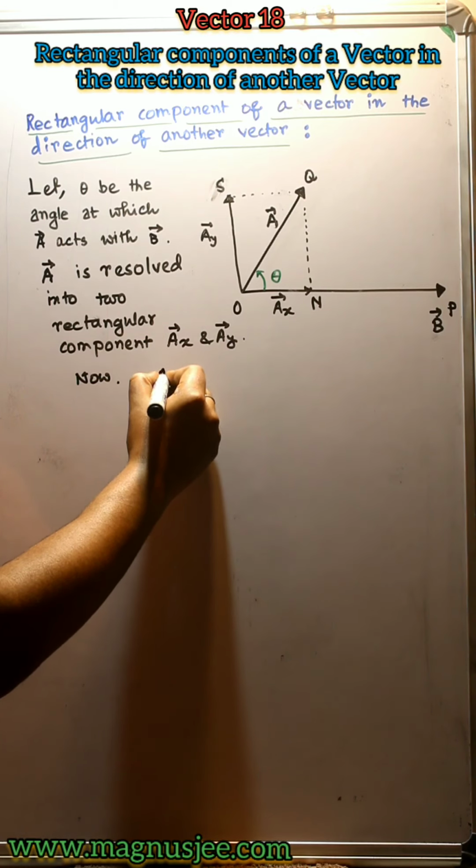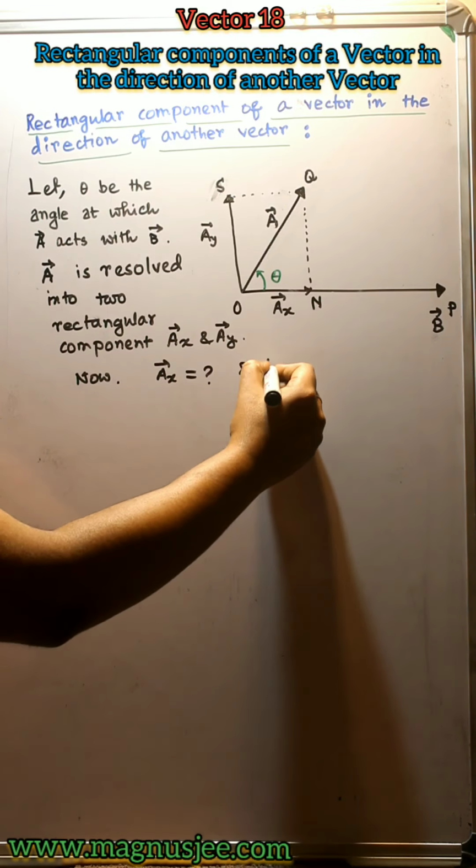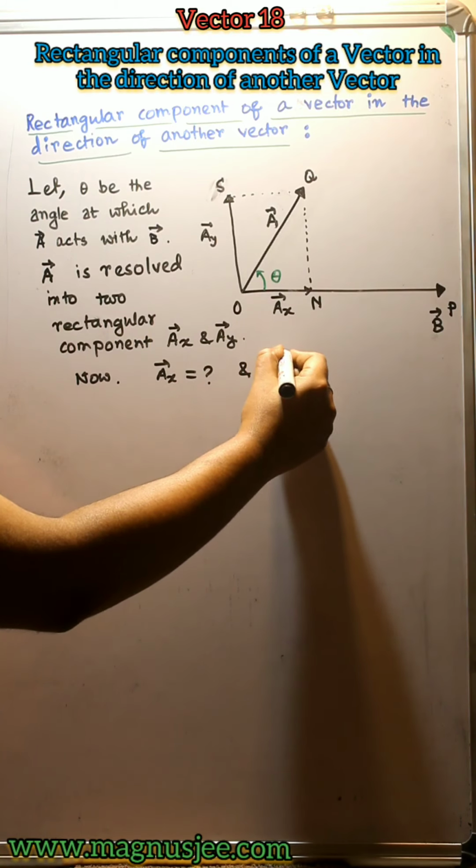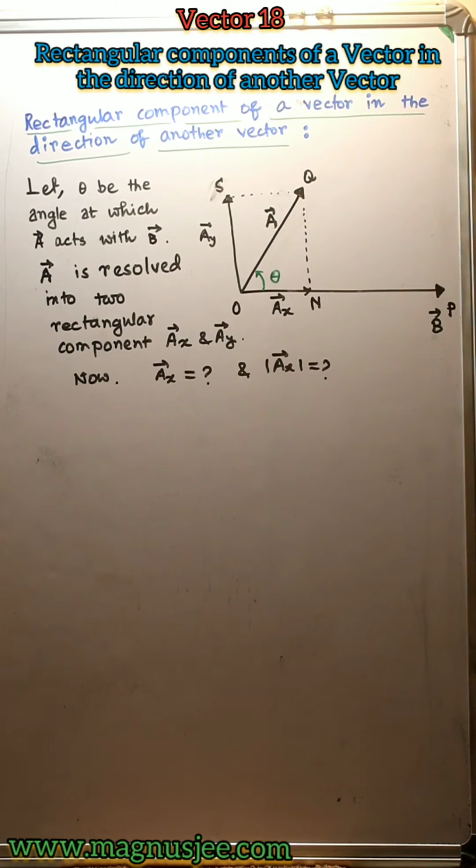Now, we have to find the expression of vector Ax and mod vector Ax.